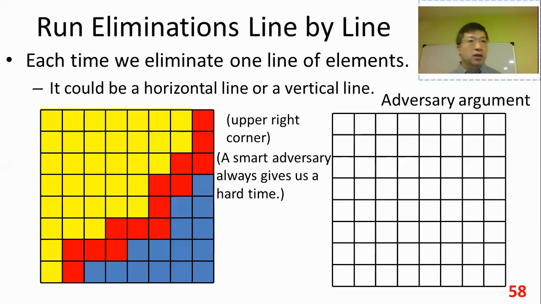Because the adversary has this property: he or she always gives us a hard time. What's the meaning of that? When we have two different choices, the adversary will give us the worst one. The adversary will choose the one that will make us pay more.